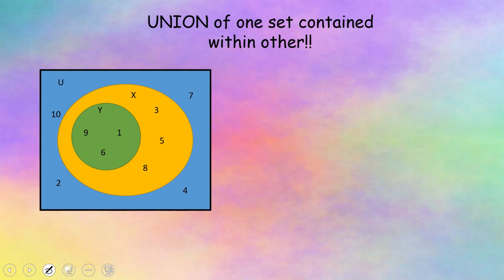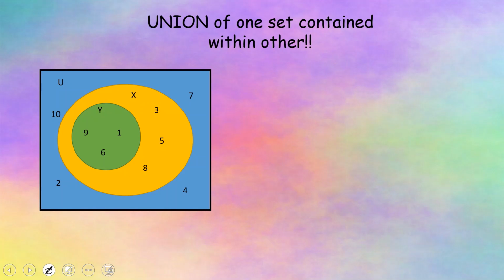If your universal set U is the natural numbers, Y contains the elements 1, 6 and 9, and X contains 1, 3, 5, 8, 9 and 6.